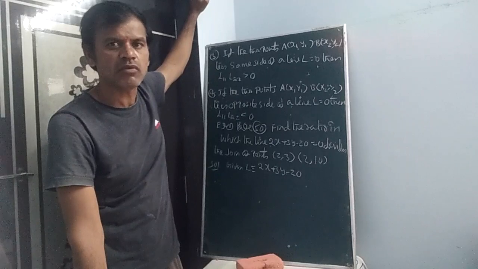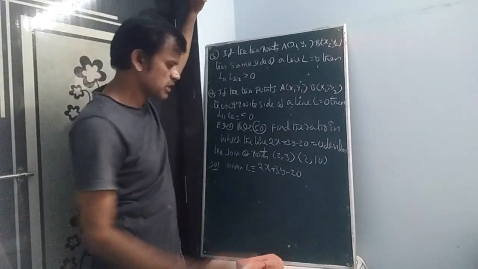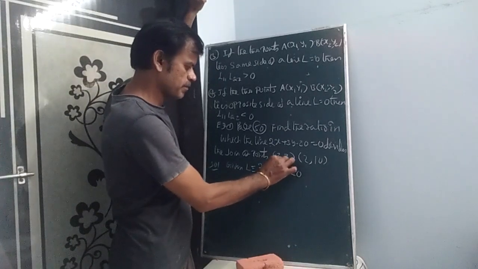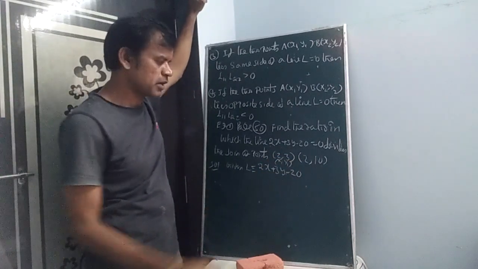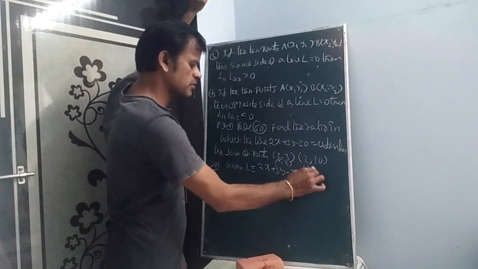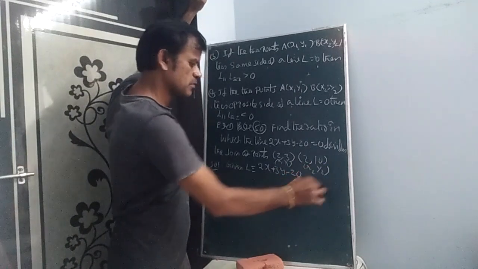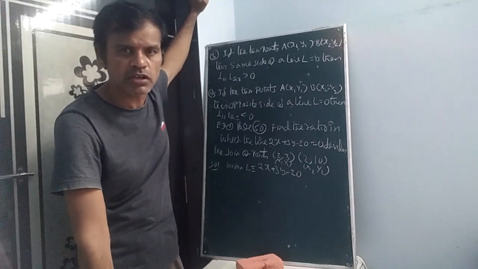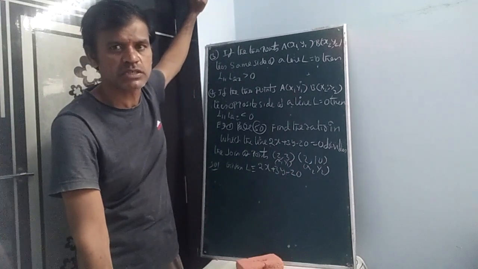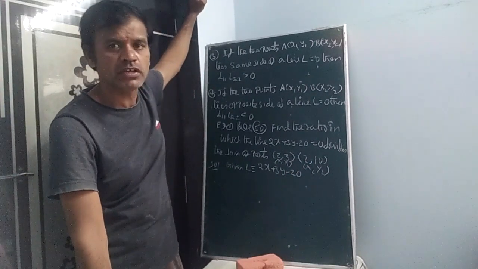Whatever the first point given is x1 comma y1. So here 2 comma 3 is x1 comma y1 and 2 comma 10 is x2 comma y2. Here the question asks only to calculate the ratio, not the same side or opposite side concept. Only you should calculate the ratio.